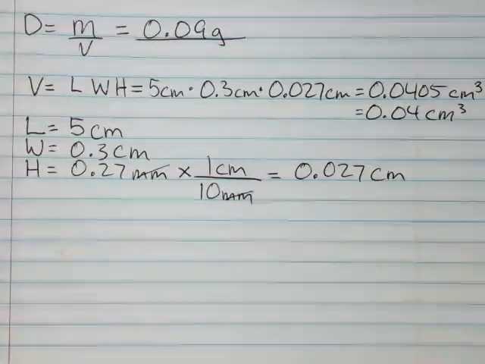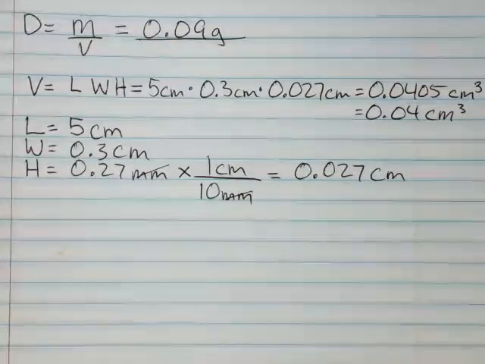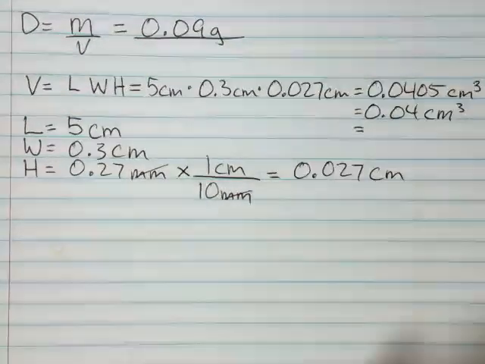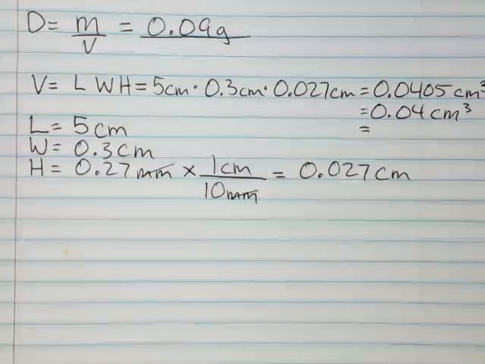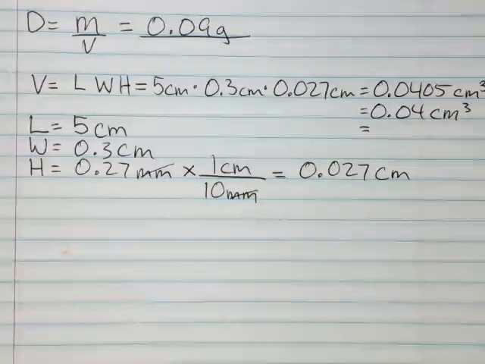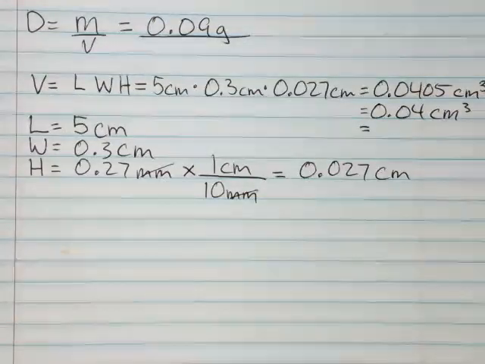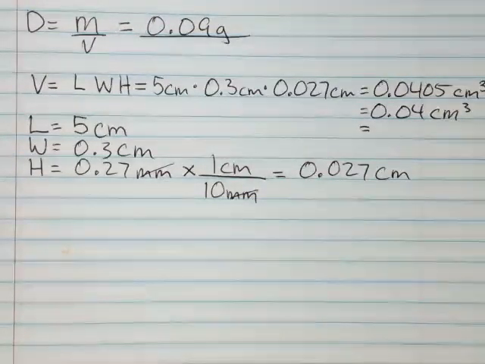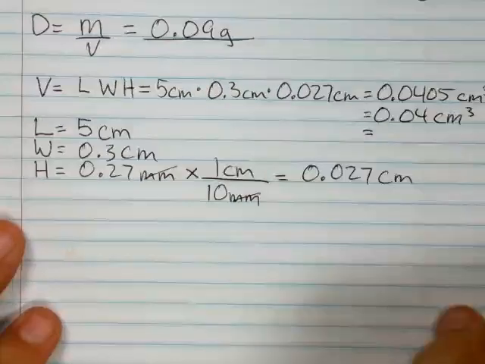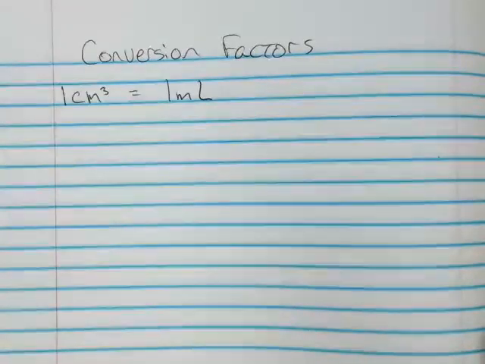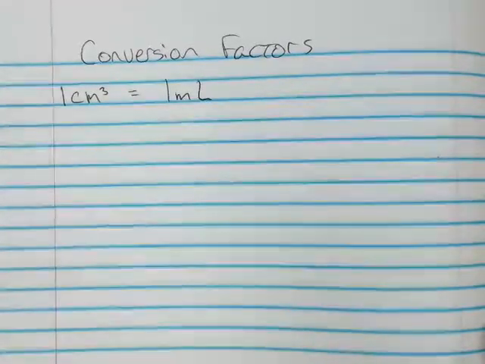But we still need to convert that over to milliliters, right? Do y'all remember the conversion factor for centimeters cubed to milliliters from the back page? You weren't here yesterday, so you don't have that, but this is what it looks like. 1 centimeter cubed is equal to 1 milliliter.